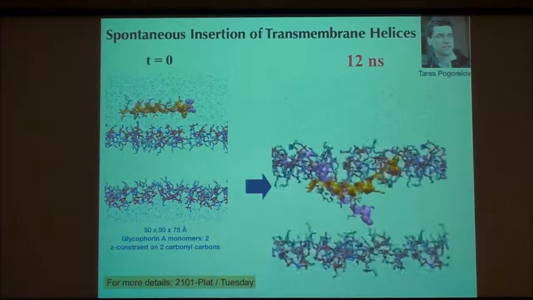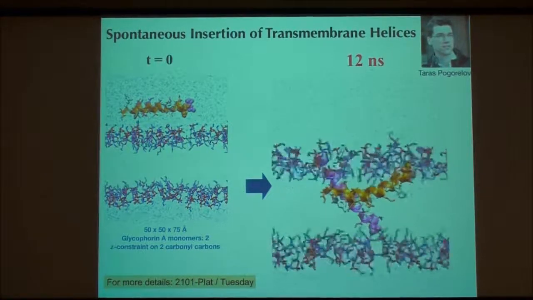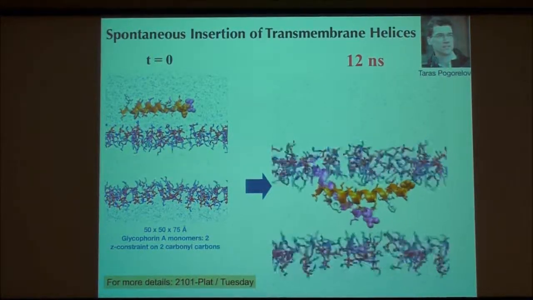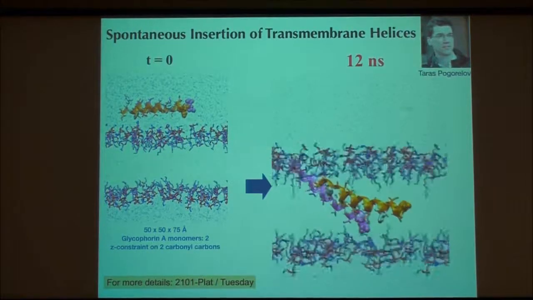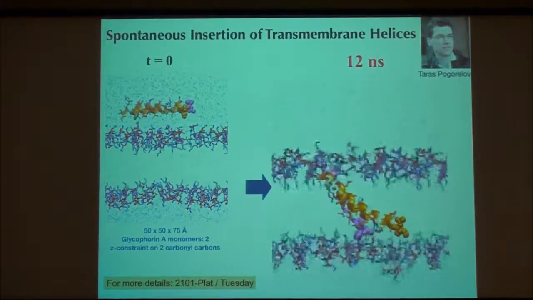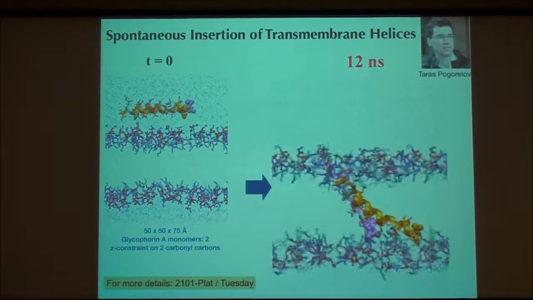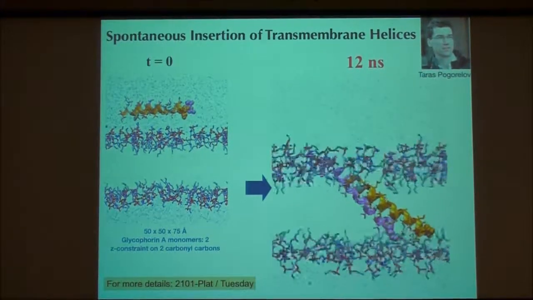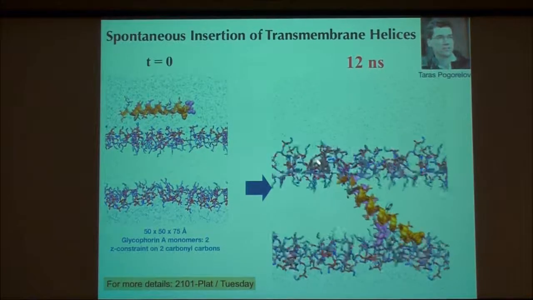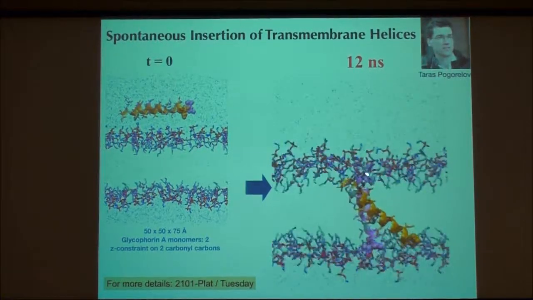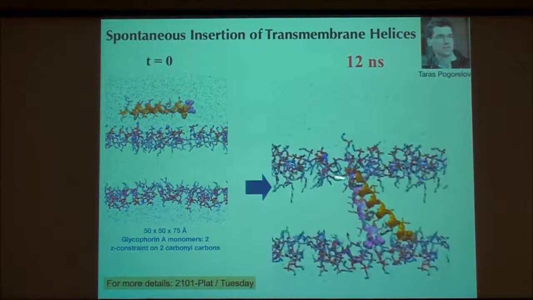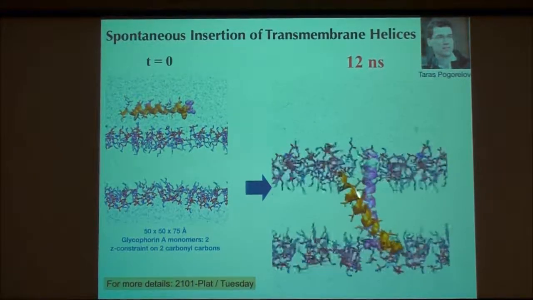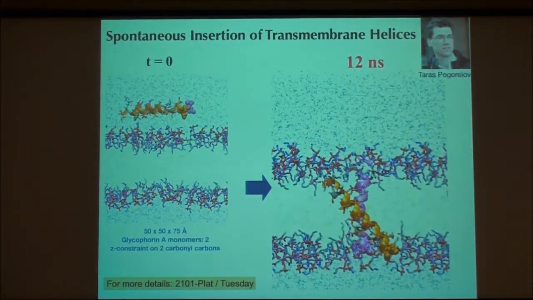It's a very nice way of looking at the effect of thickness of the membrane on the tilt angle of the helices and how they interact with each other, what is the optimal thickness of the membrane to have optimal interaction between these two helices. Because everything is happening 10, 100 times faster. And still you are preserving atomistic details of the head groups that might be important for your particular protein.